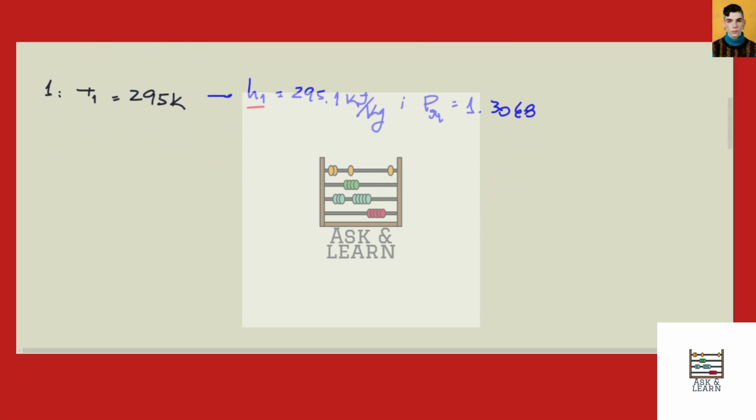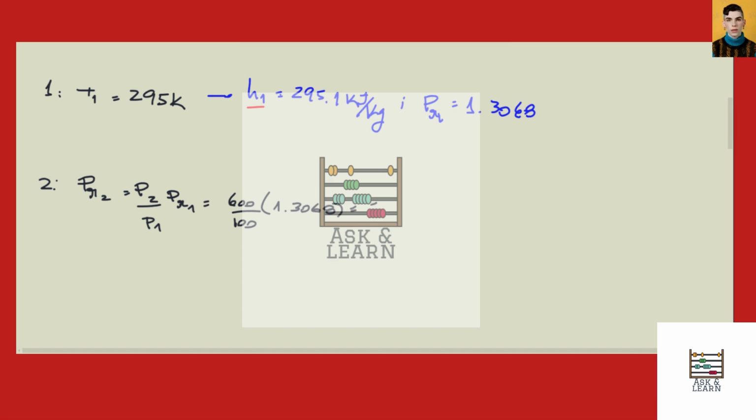Now let's move on to point 2. In point 2, we don't have anything, but we can find one of the pieces of information from the table. The information we're going to find is the relative pressure at point 2, because this is just P2 over P1 multiplied by PR1. Therefore, this is just 600 divided by 100 times 1.3068.